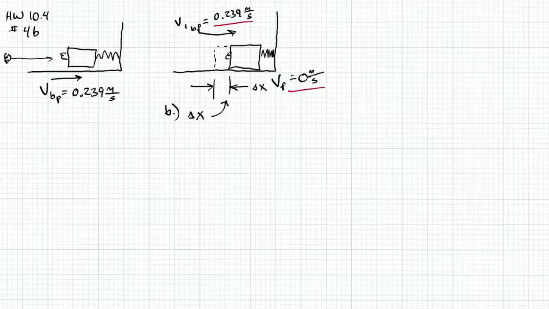All right, we need to turn this into an energy problem, because if you think about it, as this putty and block system are just starting to move together with this 0.239 meters per second, the question is, what kind of energy does it have? And it has kinetic energy. Well, what kind of energy does it have over here when the spring is all the way compressed?